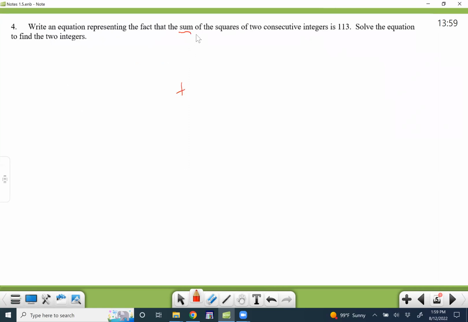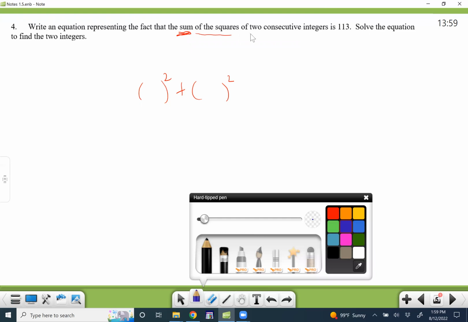And we have the sum of squares, so I have to take something and square it, take something else and square it, and add them. So this is what it would look like to say the sum of 2 squares. Now what is it that we're squaring? 2 consecutive integers.